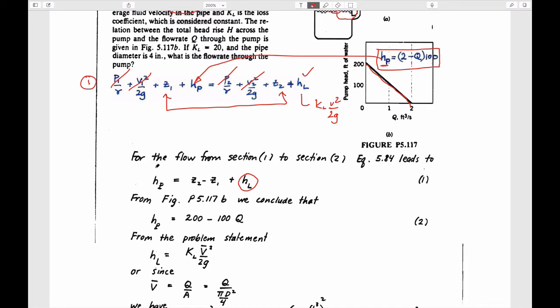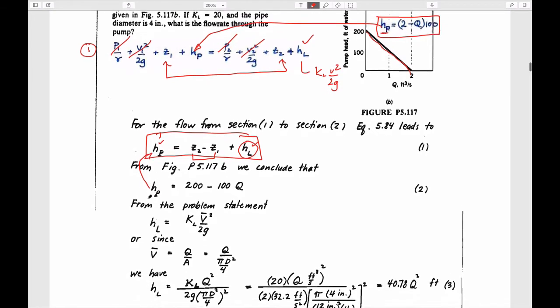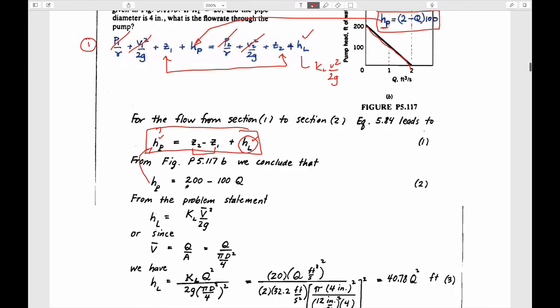We know what the pump characteristic is, which is this. This is Bernoulli's equation. All that's left after we get rid of these other terms is the pump head, the head loss, and the elevation change between upstream and downstream. We can substitute the pump head into here, which is this equation here, specific to the flow rate, which is also Q is equal to velocity times area, the average velocity.